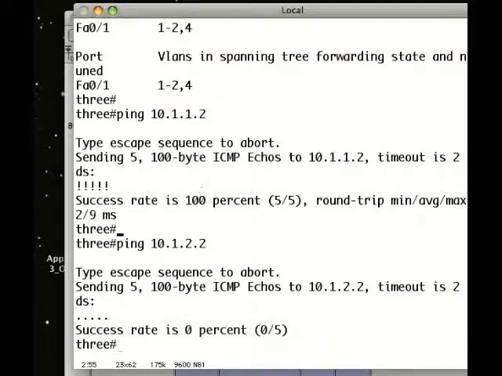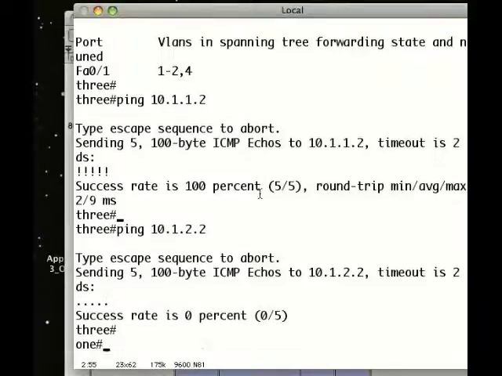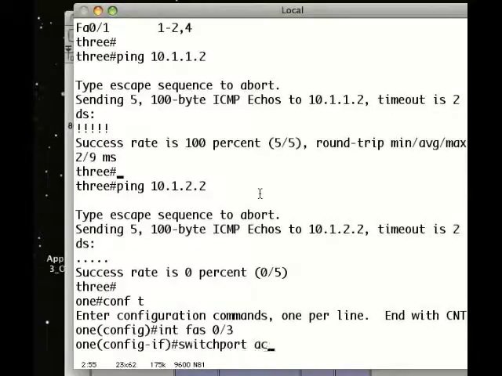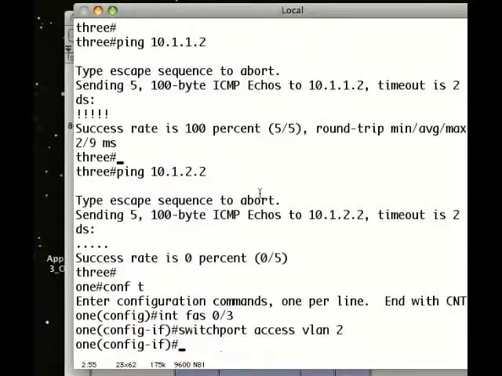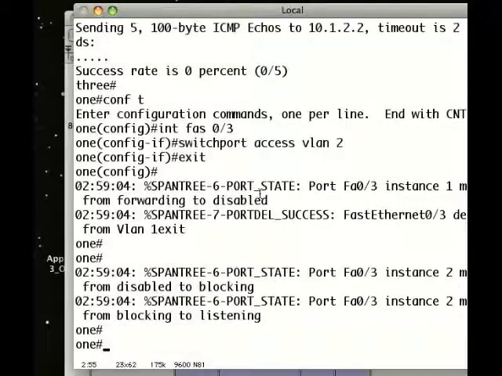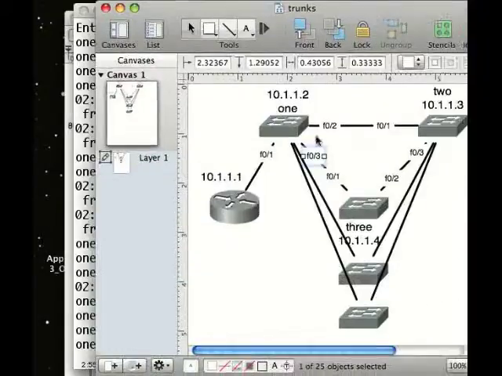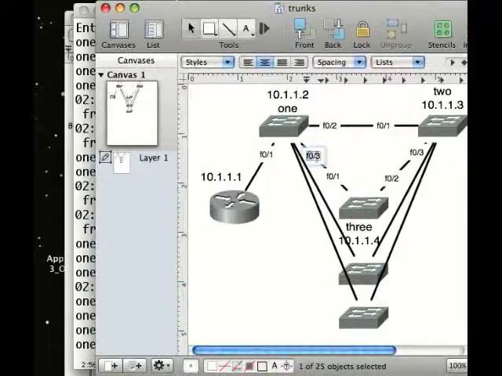Now let me try something else. Here I am back on switch 1, conf t int fast0/3 switchport access VLAN 2. So what I did here is Fast Ethernet 0/3 is now in VLAN 2, so that's an access port.